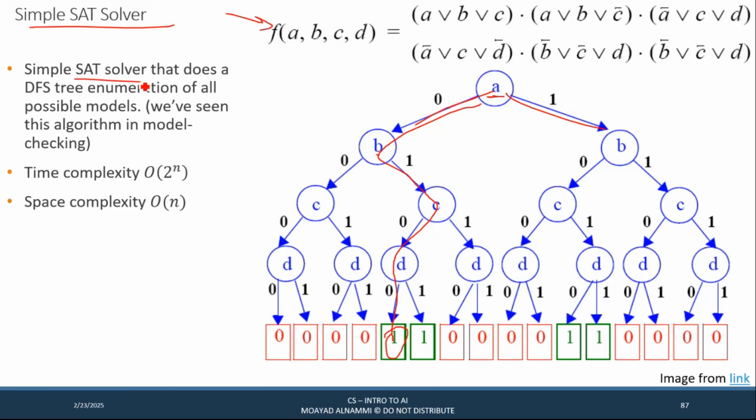The SAT solver is just trying to find a satisfying assignment. So if the DFS went down this path up to here, then that's it. It would return the solution and the algorithm ends.